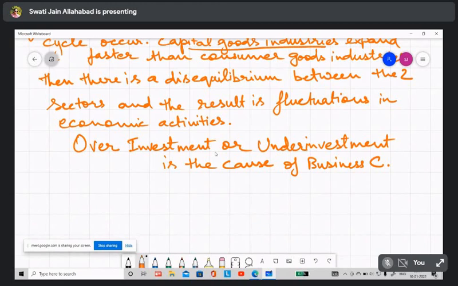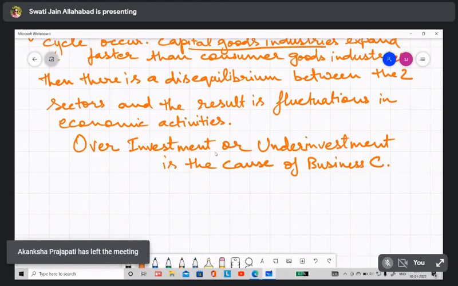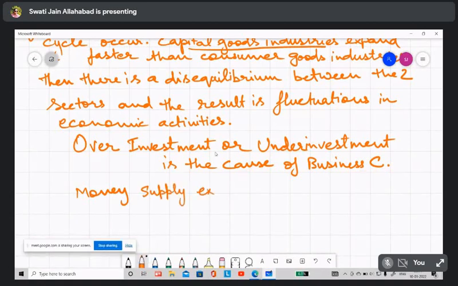So in Hayek's theory, money supply follows investment. In Hartree's theory, investment follows money supply. That's how you should understand the channel.